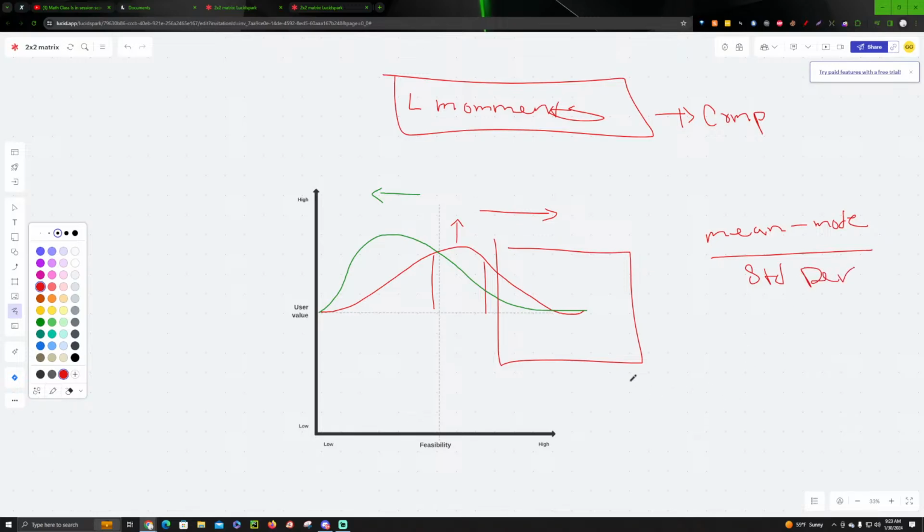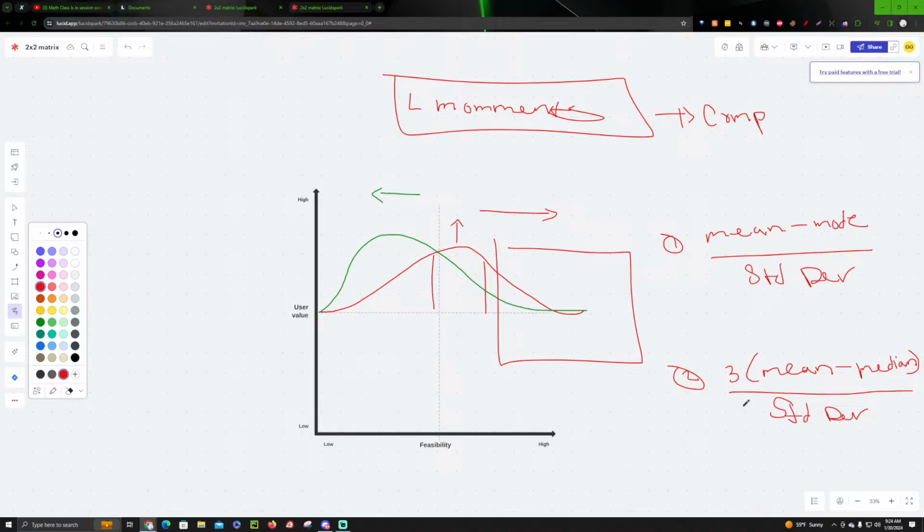Then our second, so this is step one, and step two, this is for our second distribution, would be mean minus median, and you get divided by standard deviation.